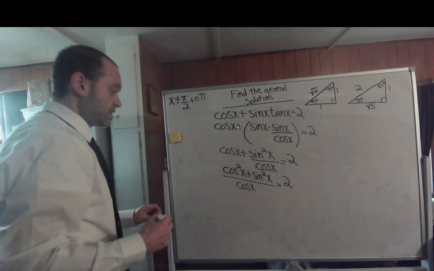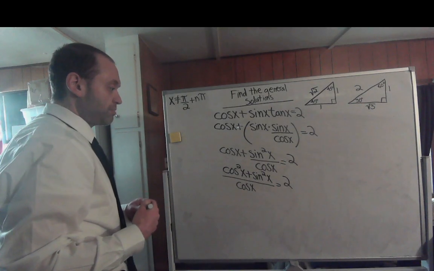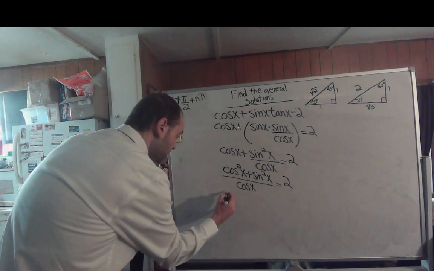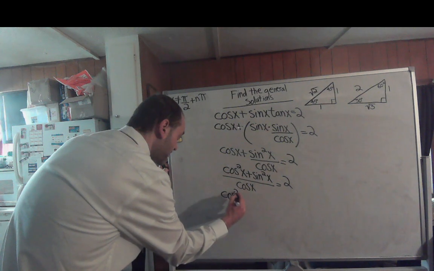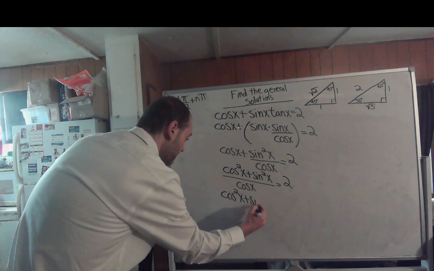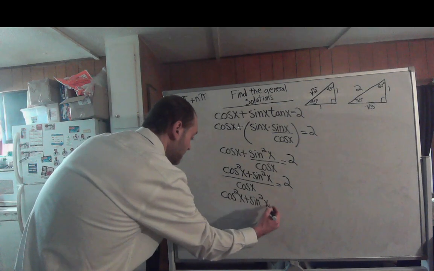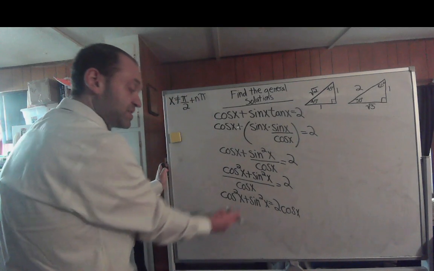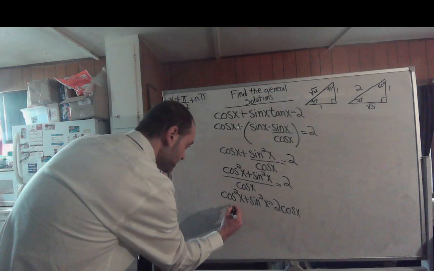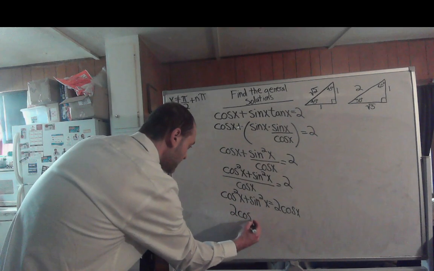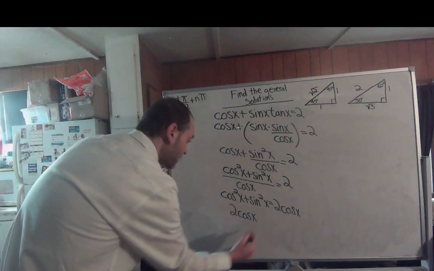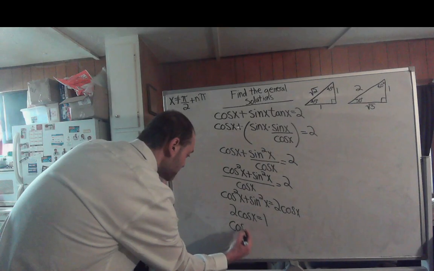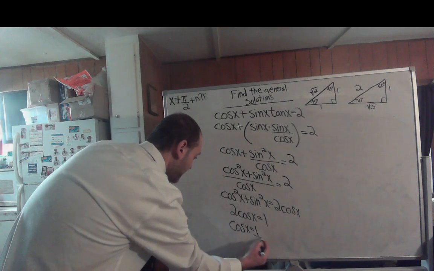Okay, so if you multiply both sides by the cosine, you'll end up getting cosine squared of x plus sine squared of x equals 2 cosine of x. Well, what's the left side? That just turns into 1, doesn't it? So this would become 2 times the cosine of x equals 1. So that would end up giving you the cosine of x equals 1/2.